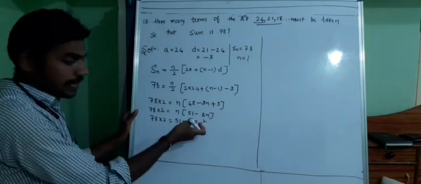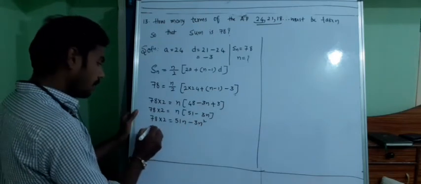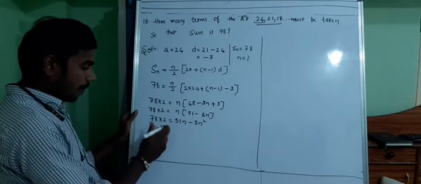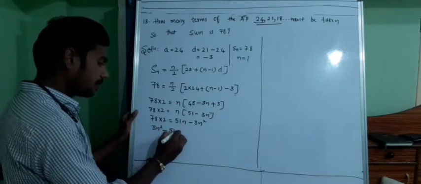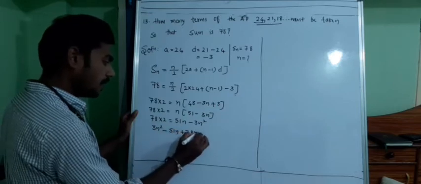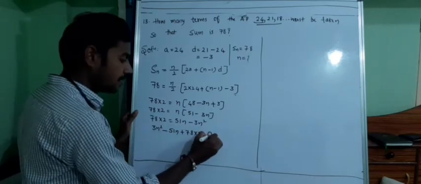Now I'll transfer this 3n square to the left hand side. What will it become? 3n square, plus 51 becomes minus 51n, plus 78 into 2, because 78 into 2 is already there on the left hand side. What is there here? 0.